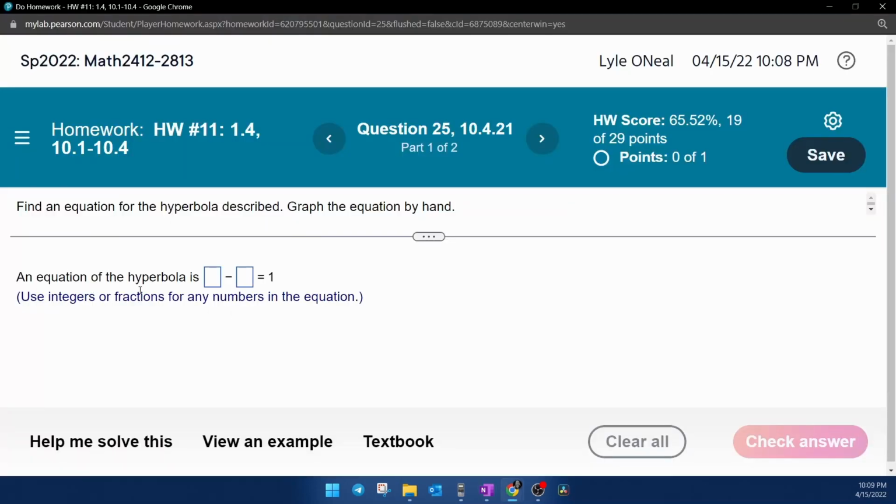Now, notice the way they have this set up. You've got your 2 boxes that you need to fill in on either side of the minus sign.